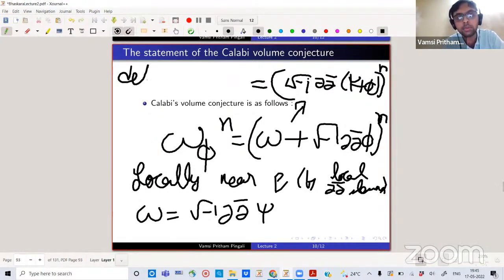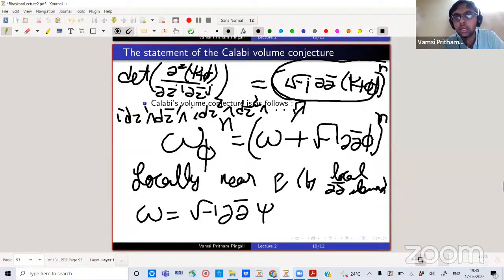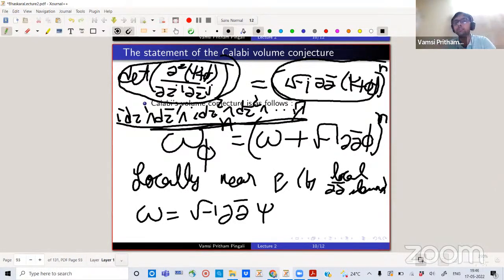This is the determinant of this matrix. Del zi del z bar j times I dz1 wedge dz1 bar wedge I dz2 wedge dz2 bar, etc. So basically this expression here is the determinant of the complex Hessian.